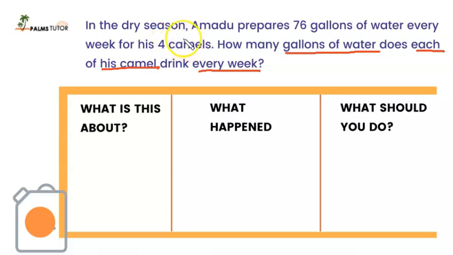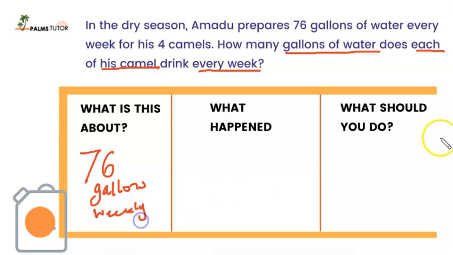In the dry season, Amadu prepares 76 gallons of water every week. So he has 76 gallons of water weekly for his 4 camels. For 4 camels, not 1 camel.